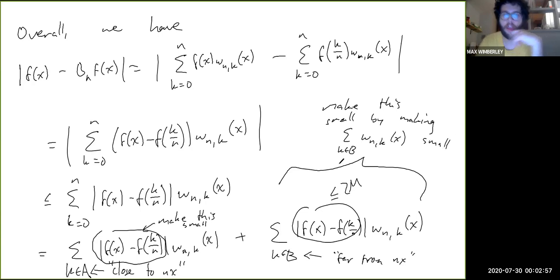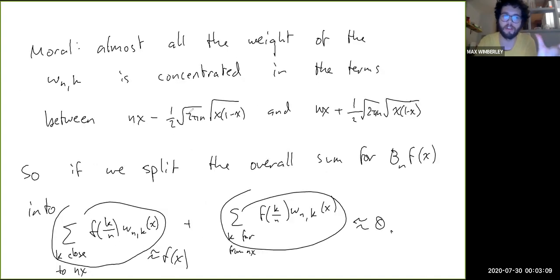The way we make this sum small is by making sure we put enough of the terms in A, so that B only contains the terms outside of a range of something proportional to the square root of n around nx.